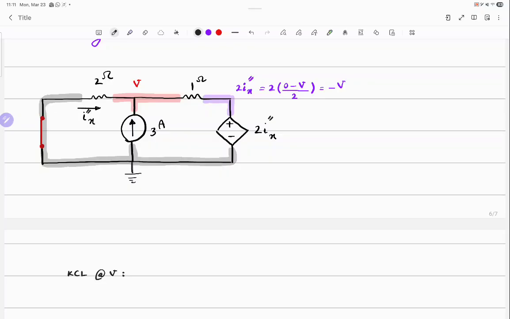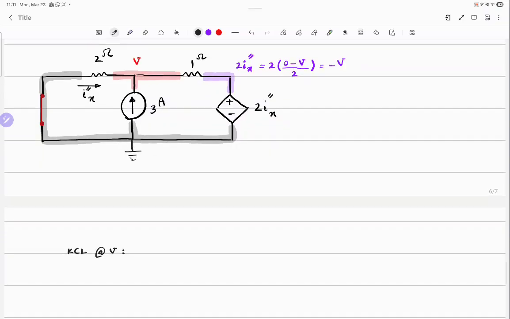Where is I double prime x? Do you see the problem? Yeah, that's a very common issue. So I double prime is not there to the right. It only depends on the real one, which is top left.